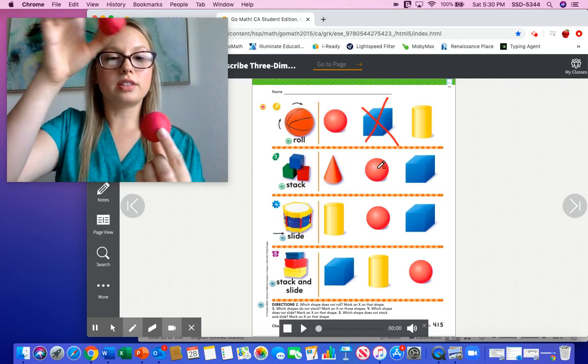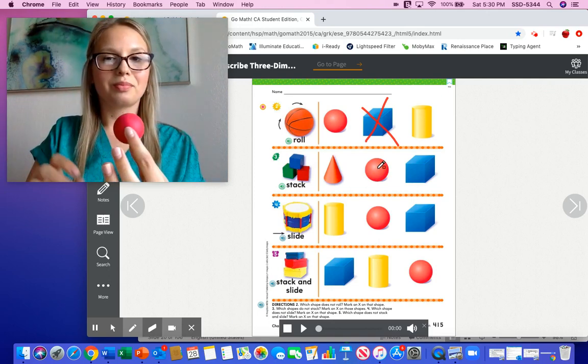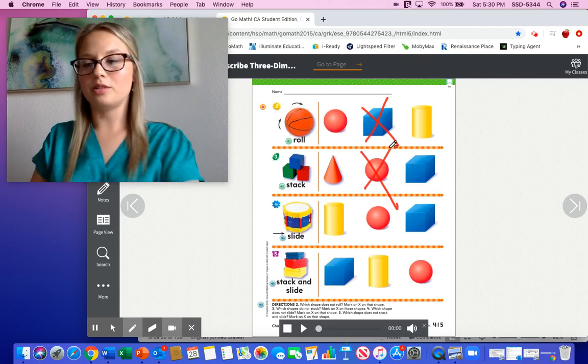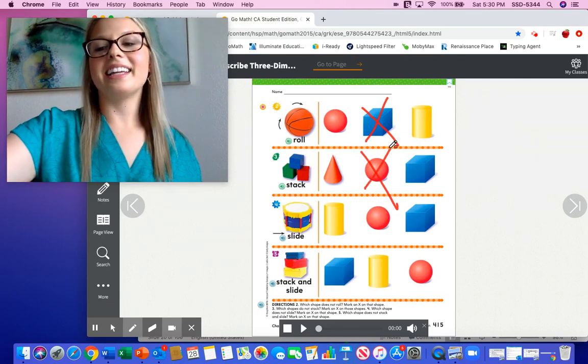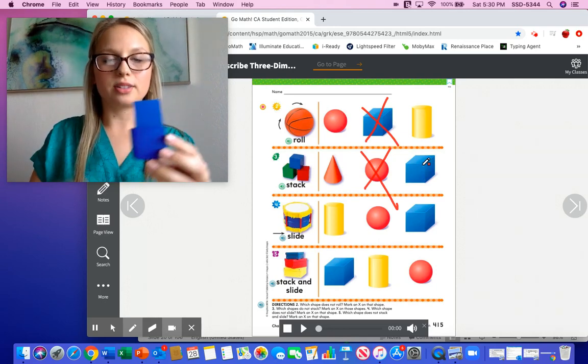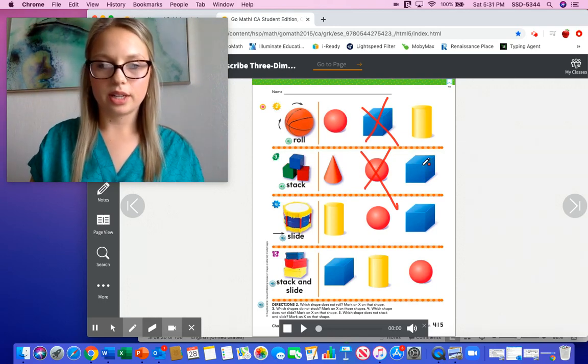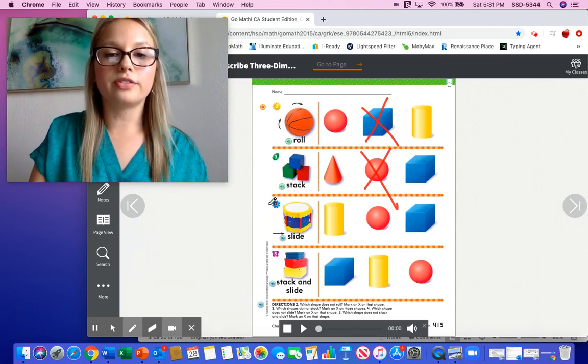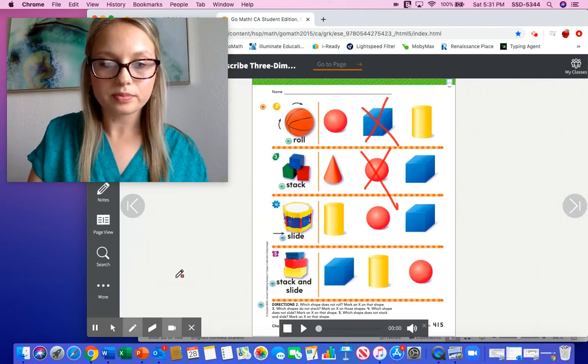Can the sphere stack? No. So let's put a big X. Oops, it's way too big. And what about the cube? Can the cube stack? Yes, so leave it alone. Great job. All right, take your finger, put it on the blue flower, number 4.